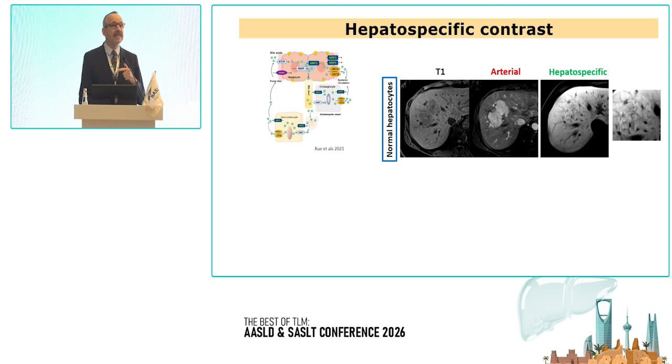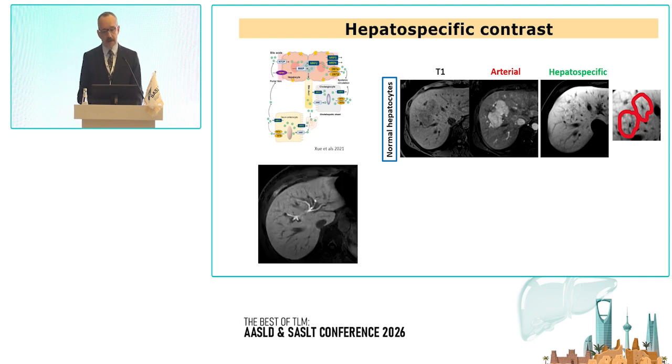And that's why we see these lesions iso or hyperenhancing with hepatospecific contrast. As in this case, this is again a normal FNH. Normal FNH means normal hepatocytes. It's hyperenhancing in the arterial phase, and with hepatospecific contrast, it will uptake because these are normal hepatocytes again. You see here the FNH.